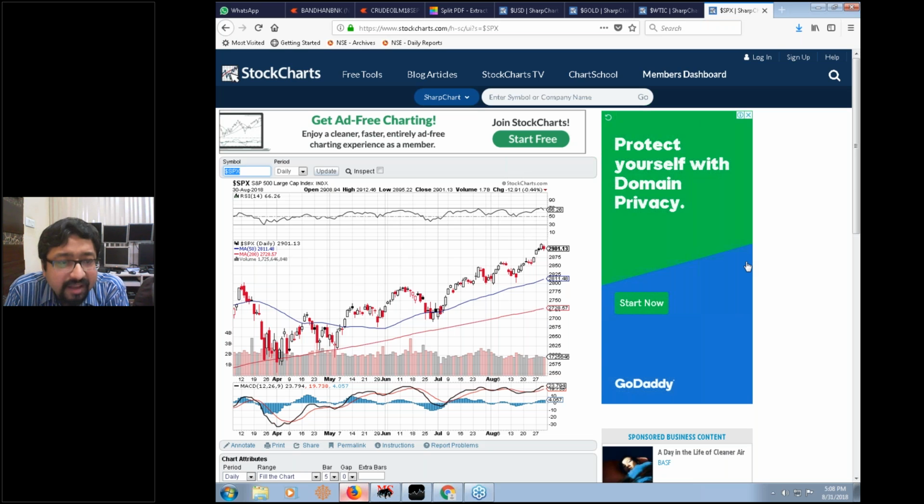You can see the index is quite steadily trading above the previous highs, and it has been making new lifetime highs. Thursday's close was at 2901. So you can see the higher bottom formations. These higher bottom formations are actually the trademark of any uptrend. So the uptrend is pretty intact.